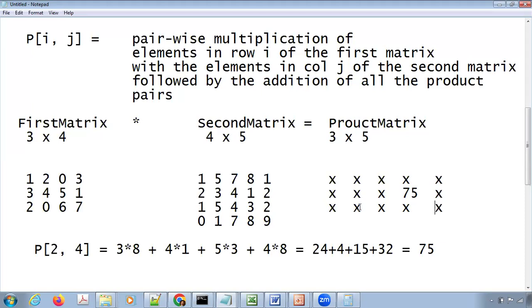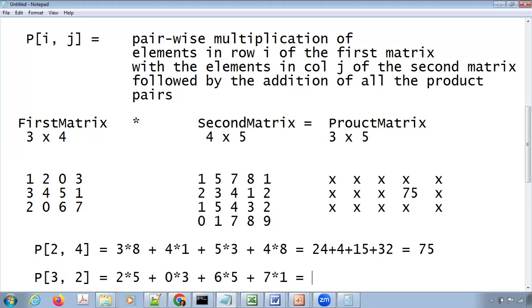Okay. Now, if I want to compute this one, which is row 3, column 2, I need to multiply the elements of row 3 in the first matrix with column 2 in the second matrix. So it will be this 2 times 5, column 2, plus the 0 times 3, plus the 6 times 5, the second column in the second matrix, plus 7 times 1.